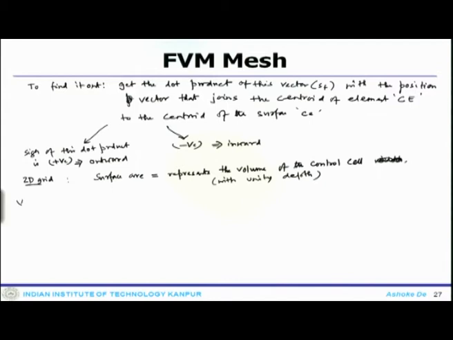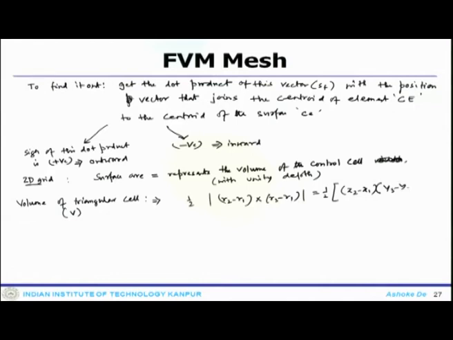So, you can find out the volume of a triangular cell, that you can calculate as this is V. V is half of the magnitude of R2 minus R1 cross R3 minus R1, which is essentially x2 minus x1 into y3 minus y1 minus x3 minus x1 into y2 minus y1.